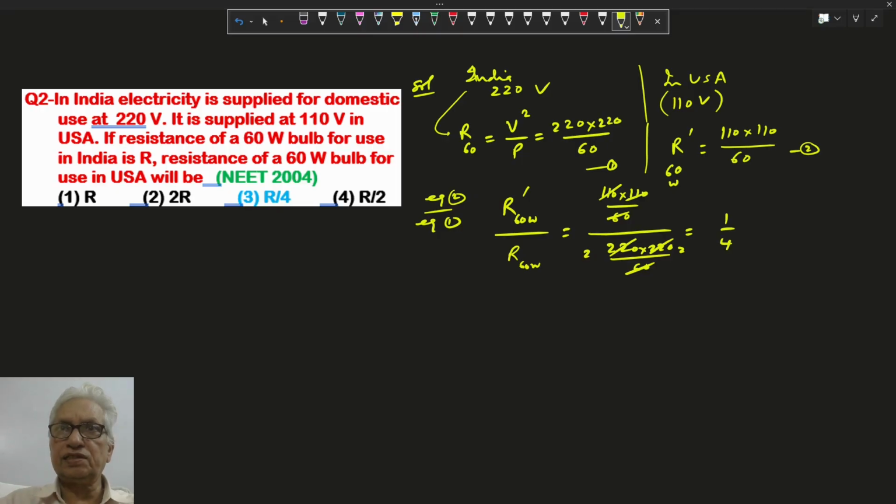It means if the resistance in India is R, the resistance of the 60 watt bulb in USA will be R by 4. So the option here is 3.